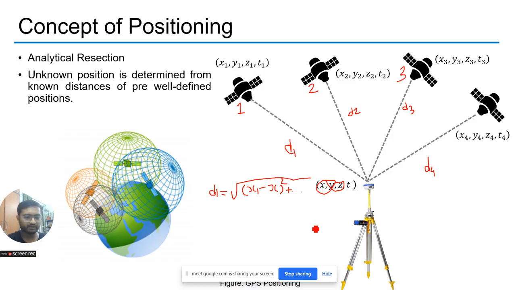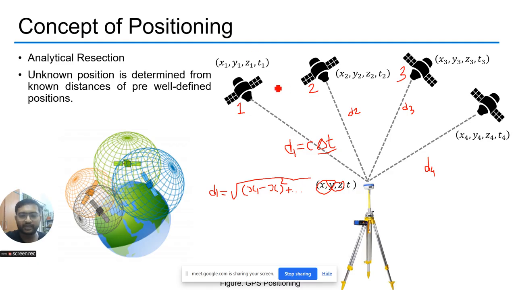But now, why is there a need for a fourth satellite? When the satellite is transmitting the data, the clocks mounted in this satellite matter, because what we are doing is finding that d1 is equal to c into delta t. If there is an issue with delta t, then it will create an issue in solving these equations.